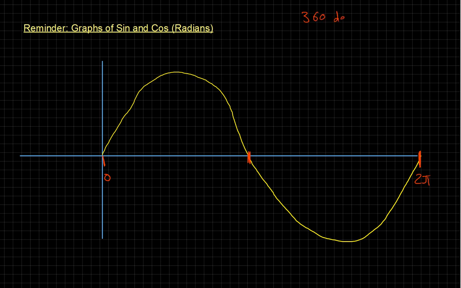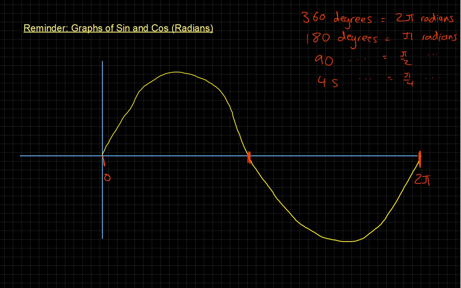Remember that 360 degrees is equal to 2 pi radians. And then you can multiply and divide that however you wish. So if I had 180 degrees, we've got pi radians. 90 is pi over 2, and 45 is pi over 4, and so on.